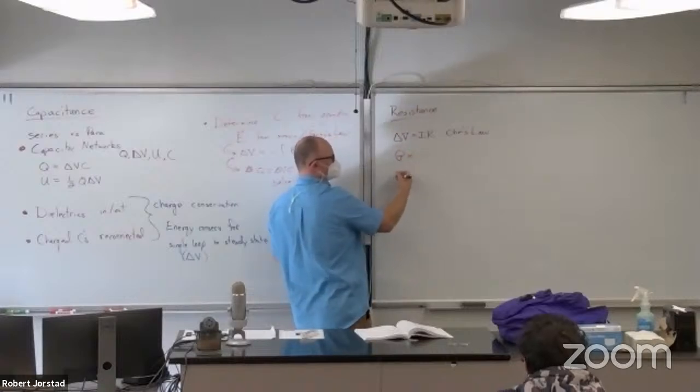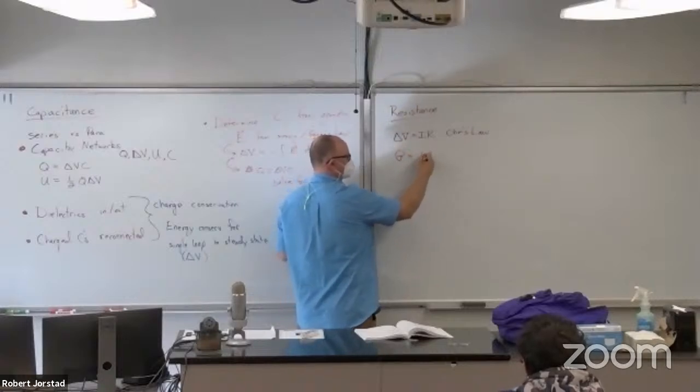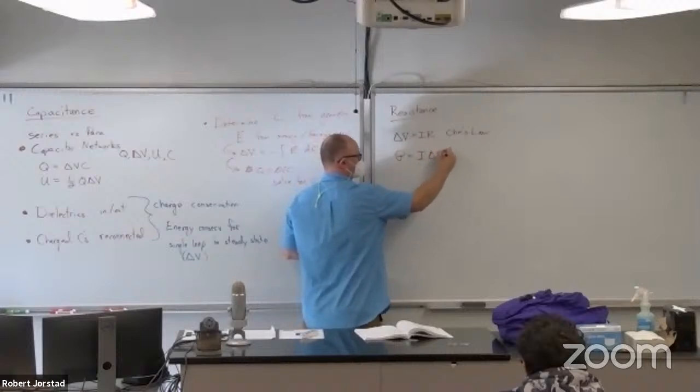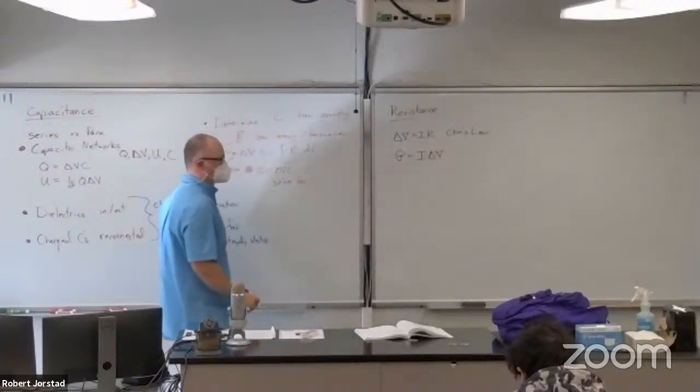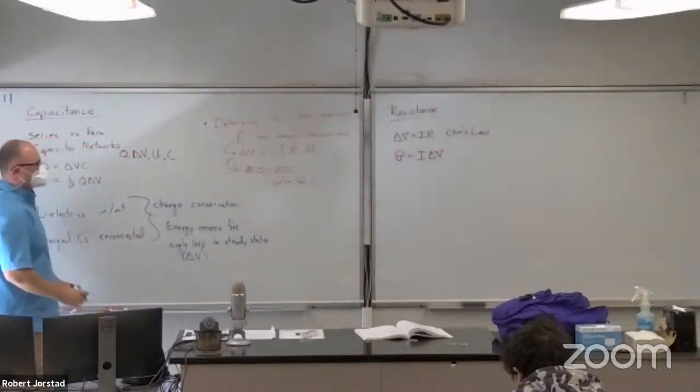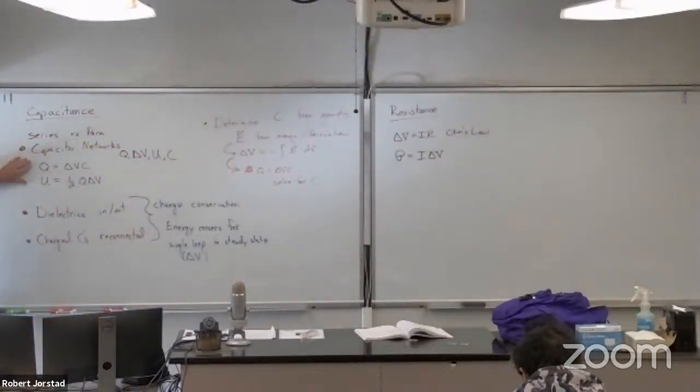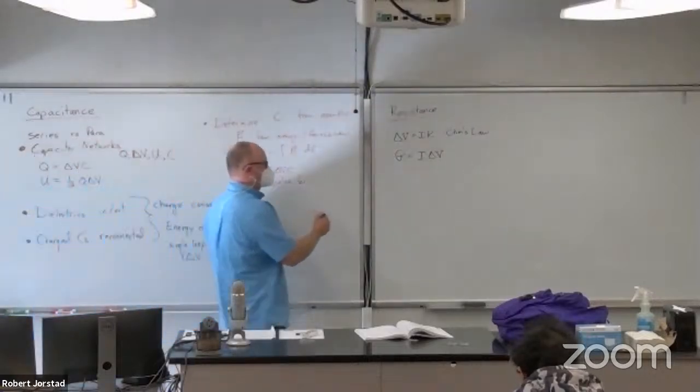But power, P equals IV. This was power. I'm trying to set this up to look the same as what was here. So now we haven't done this yet, but guess what's coming soon? Networks.